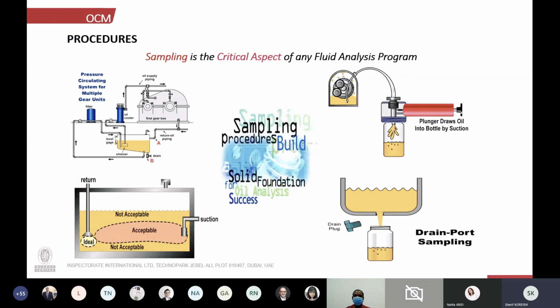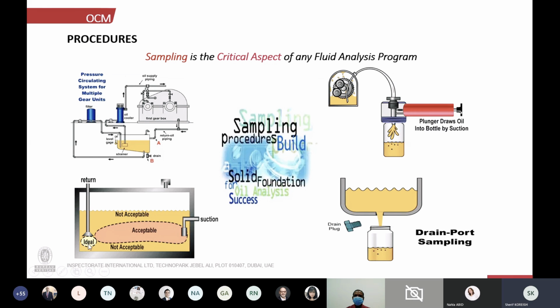And these graphs show you different machineries and different points where you are taking the samples. For example, on the right side here, we are using a pump to draw the sample from the fluid itself into the sampling bottle. Okay, we have drain port sampling at the bottom here, and we have sampling from a sump or a tank where we are taking the sample from a middle zone, which is acceptable, of course.